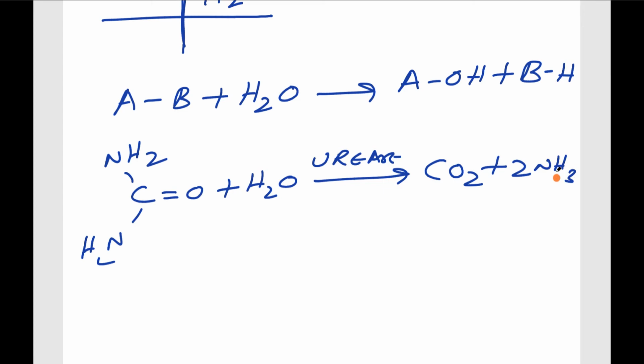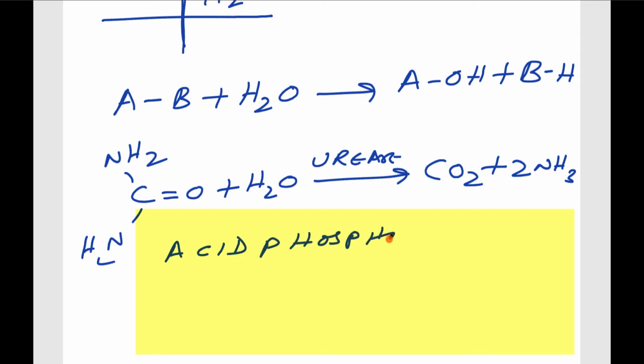Then what are the various examples under this group? They are acid phosphatase. This is of course urea, and this is carbon dioxide and ammonia.